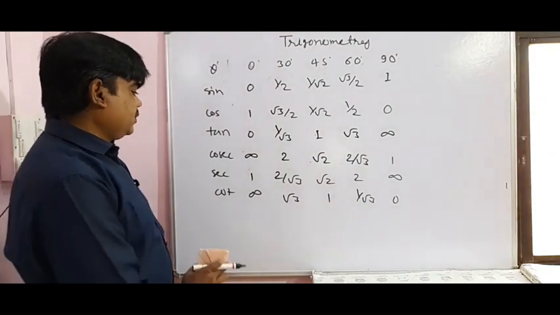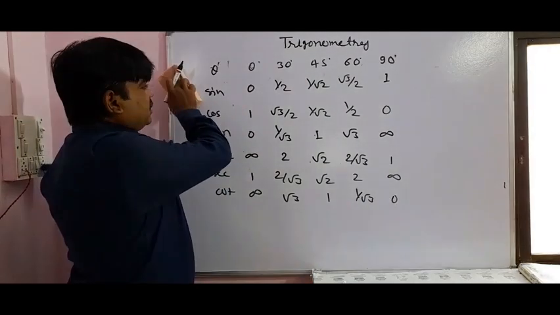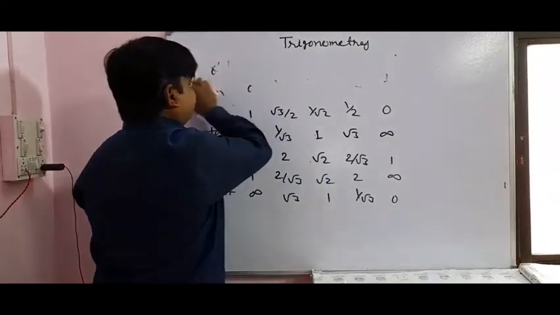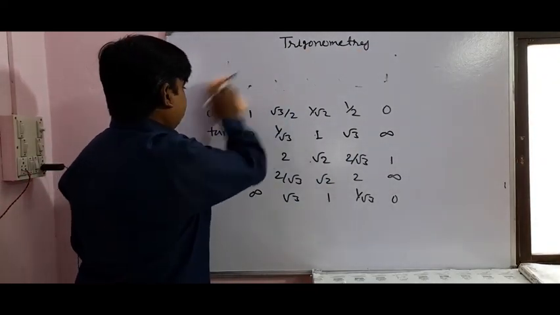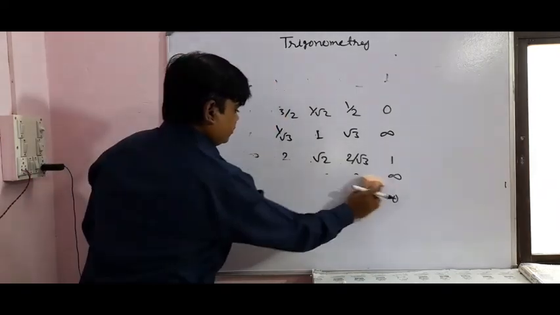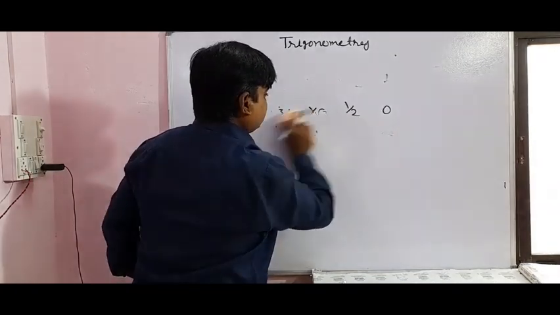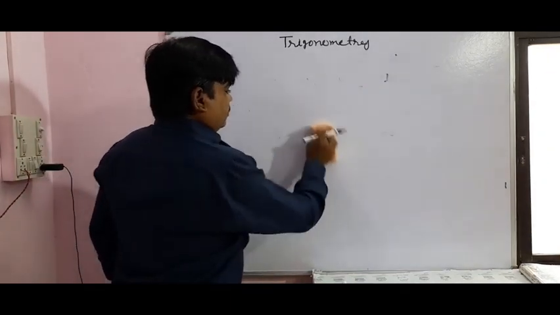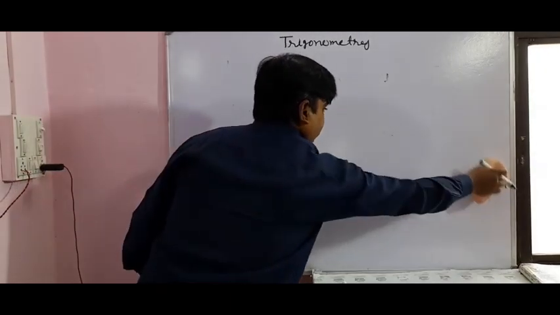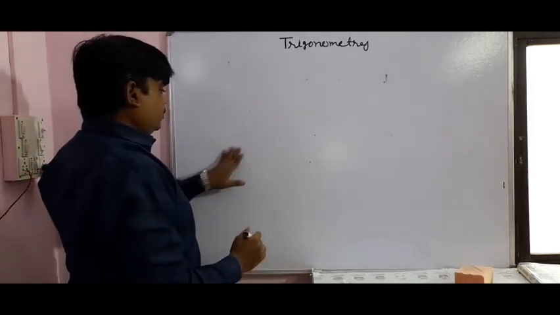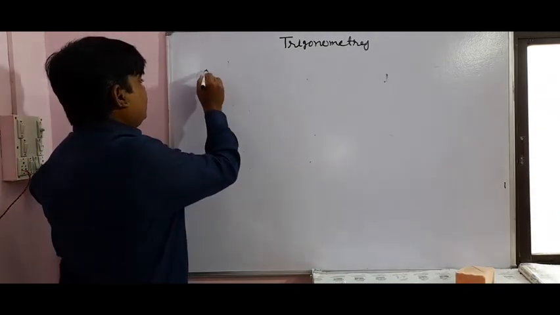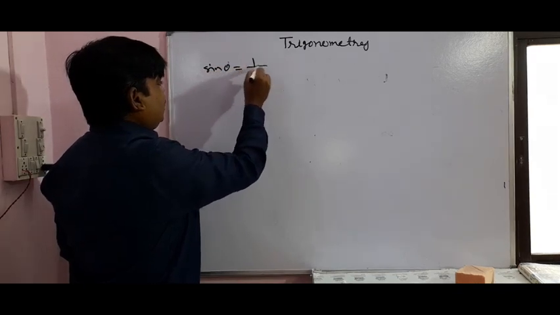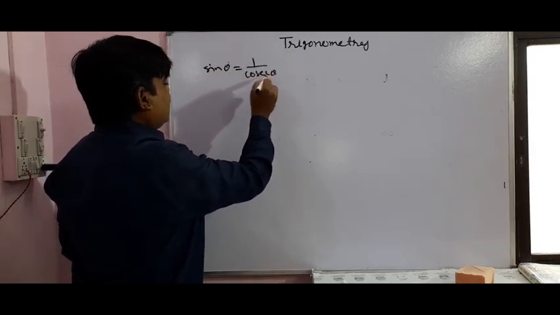Now, we have some more formulas. First we have to know that sine is the opposite of cosec, 1 upon cosec theta.